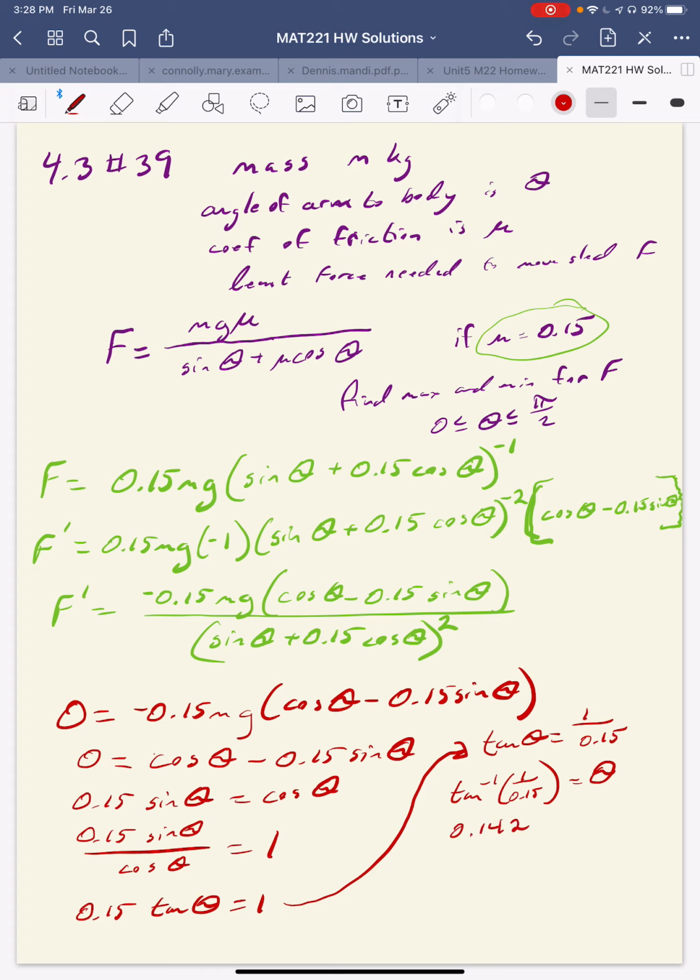And so when I plug in 1 into my derivative here, I find out that I have a negative value, which means that my original function is decreasing. And when I plug in 1.5 into the derivative function, I get a positive value, which means that my original function is increasing.